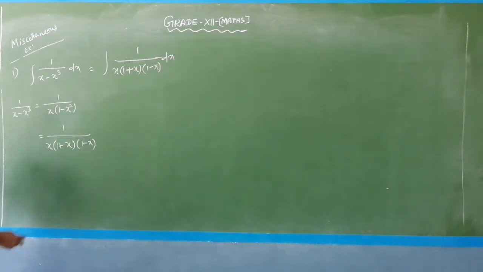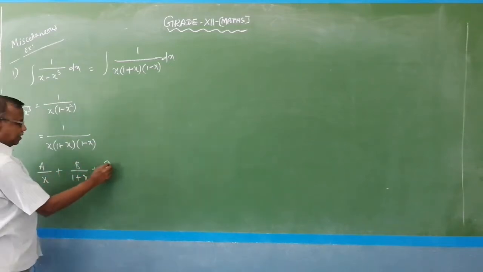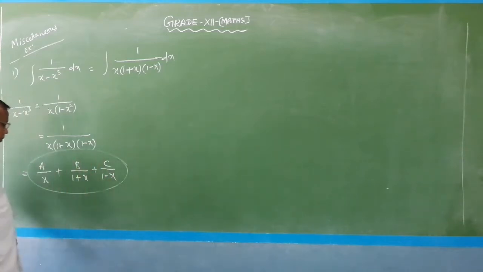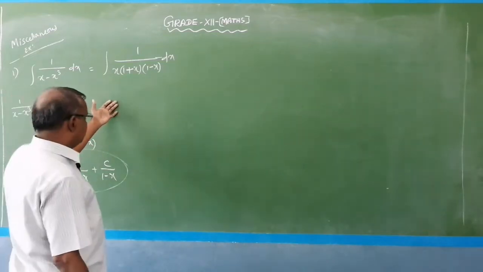Using partial fraction, we have this is A by x plus B by 1 plus x plus C by 1 minus x. You know, you have done many problems in this chapter using partial fraction. So, using that same idea, you can solve this problem.